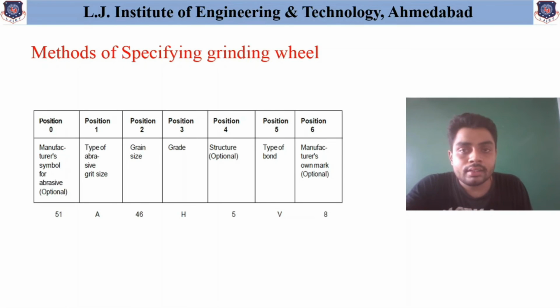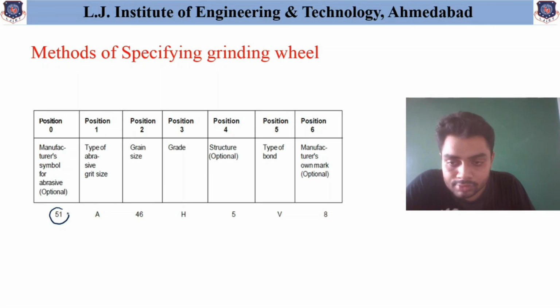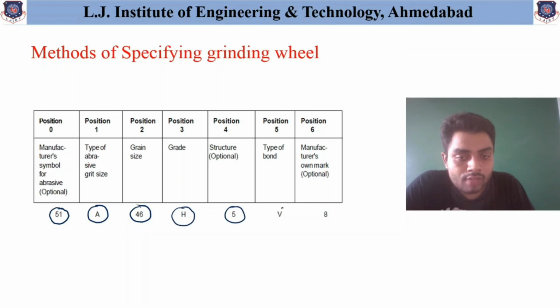Now the main important example shown over here, there are total positions. The letters indicated over here are: first one is 51, next is A, 46, H, 5, V and 8.